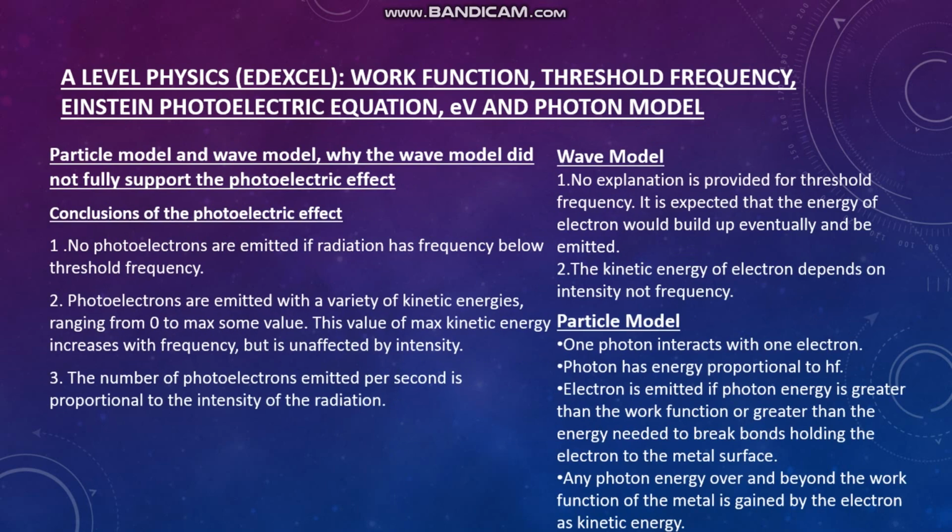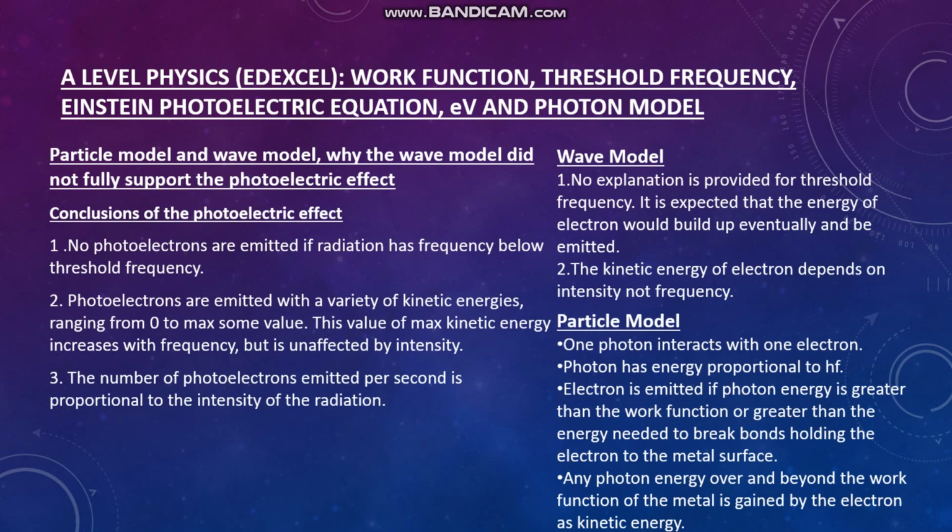Now we need to move on to consider the particle model and also the wave model, and why the wave model did not fully support the photoelectric effect. So before we get onto that, we actually have to consider the conclusions of the photoelectric effect. The first conclusion basically states that no photoelectrons are emitted if radiation has a frequency below the threshold frequency.